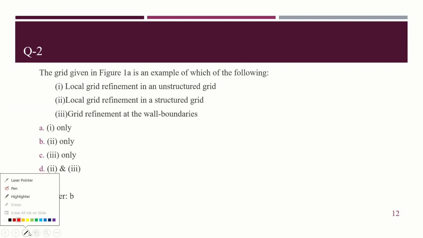So what we were saying: the grid given in figure 1A is an example of which of the following? Option 1, local grid refinement in an unstructured grid. Option 2, local grid refinement in a structured grid. And option 3, grid refinement at the wall boundaries. So option A is 1 only, option B is 2 only, option C is 3 only, option D is 2 and 3.